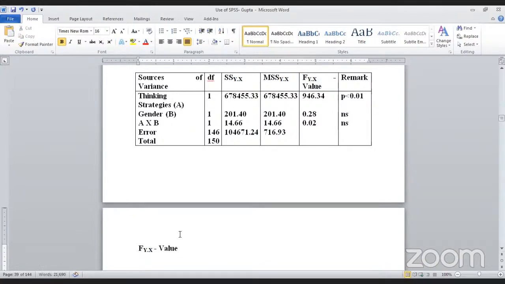Your F value is equal to the MSS of the treatment divided by the MSS Y dot X of error.